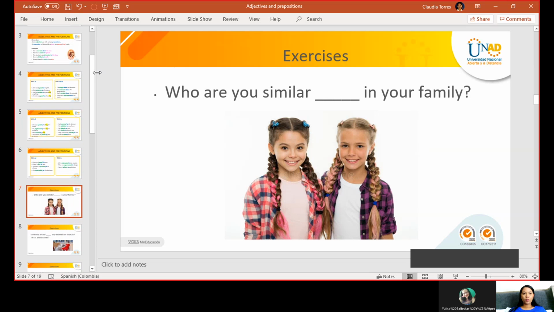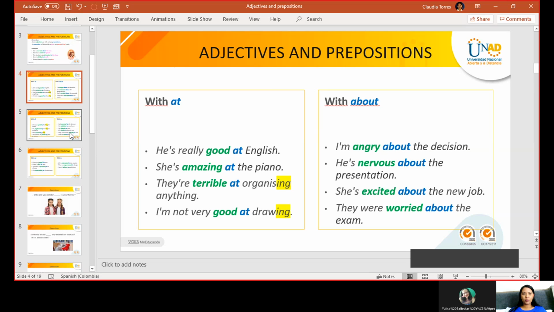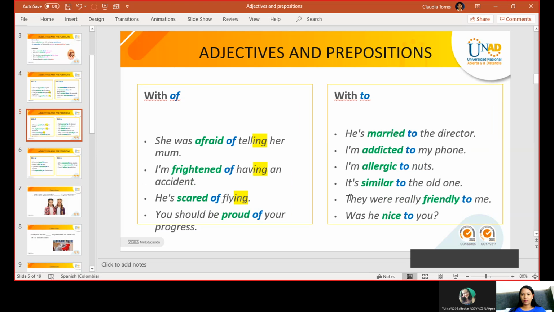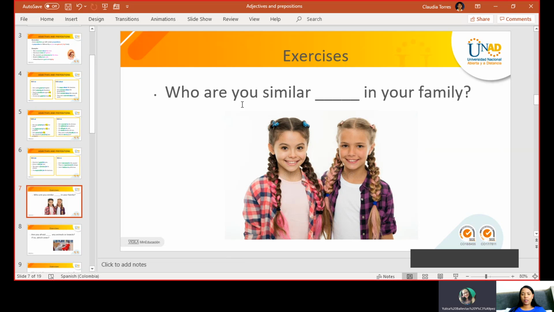So I don't know if you remember, but at the beginning, here it's similar to, right? Similar to the old one, right? So here, are you similar? Similar to, yes. Similar to, right? So who are you similar to in your family?